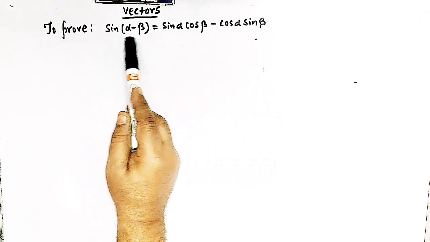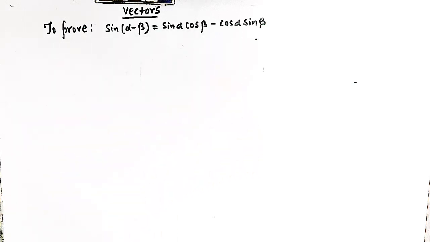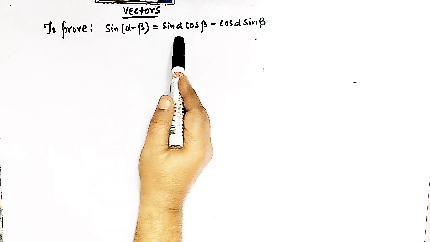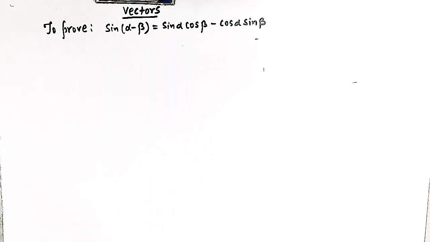And here we'll prove this important result from trigonometry using the concept of vector product of two vectors, that is the cross product of two vectors. So let us see how we can prove this result using the concept of product of two vectors. So let us start.